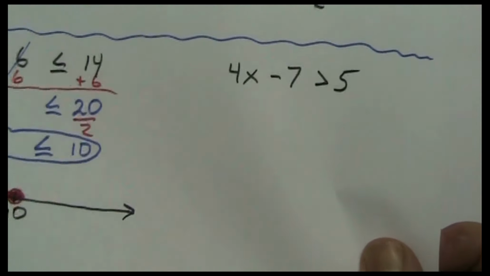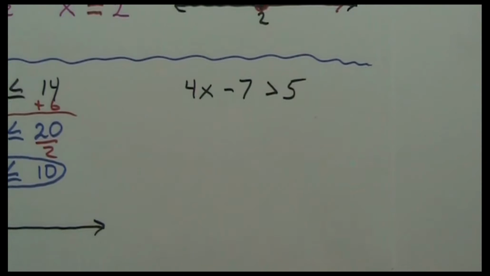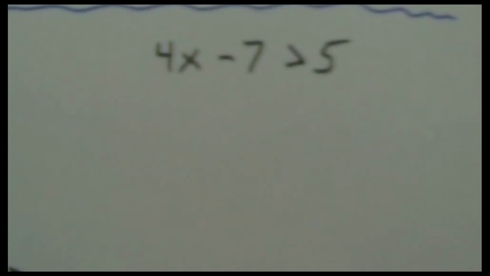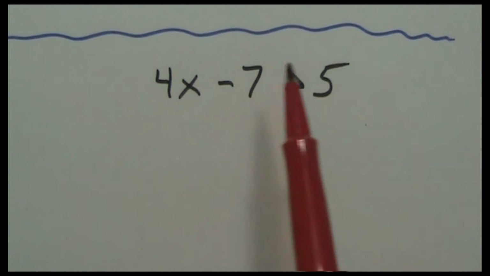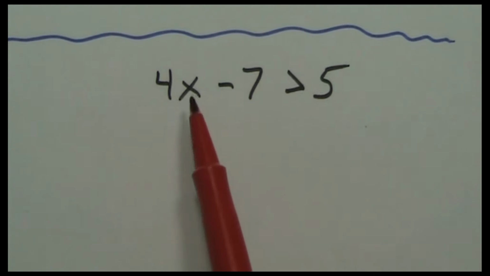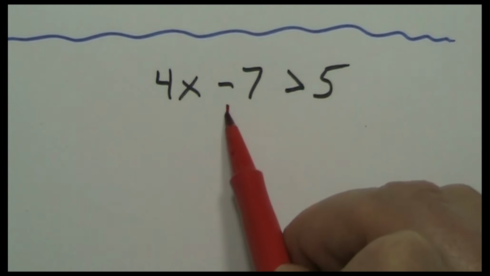Okay, last problem. Just to the side. And this is a 2-step inequality. What you do to one side, you must do to the other. Let's get the letter by itself. Get rid of the constant.